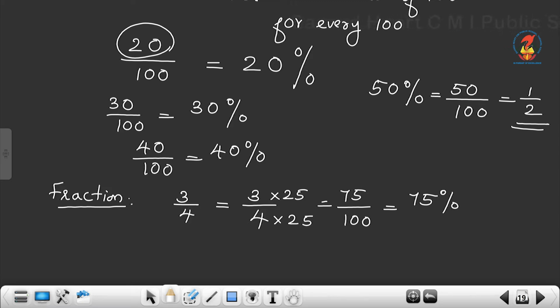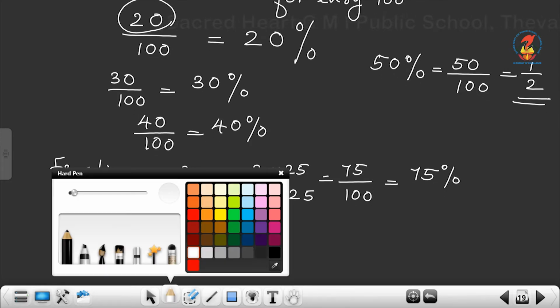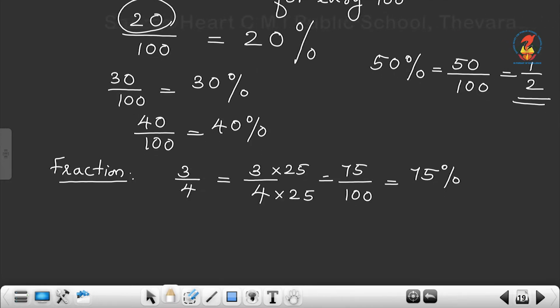That is one method. Then another method is, in order to convert a fraction into a percentage, you have to multiply the given fraction with 100 and attach the percentage symbol.